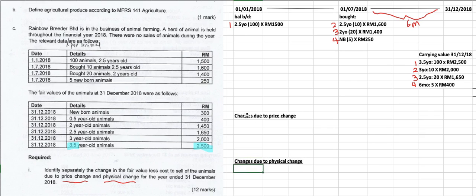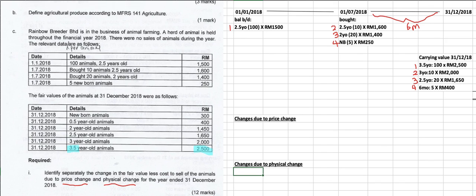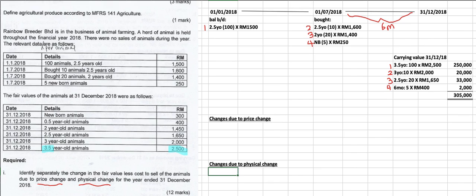Now, changes due to price change is where it focuses on the price of the animal, the price of the animal at the same age but at a different point. For example, this 2.5 years old group.